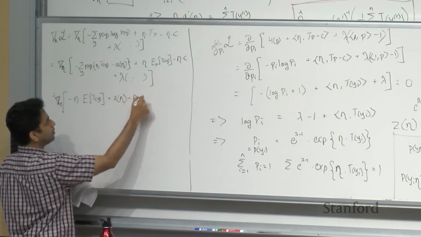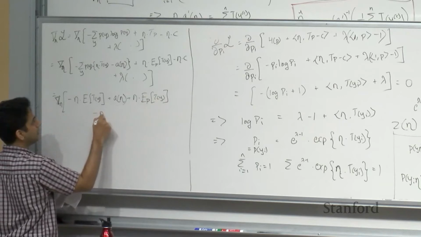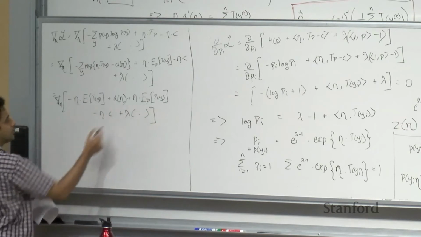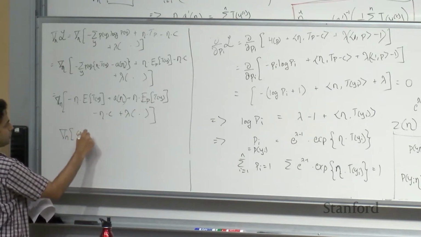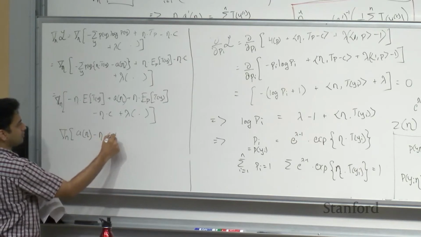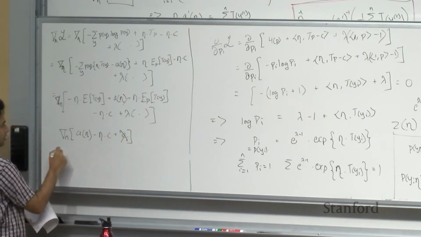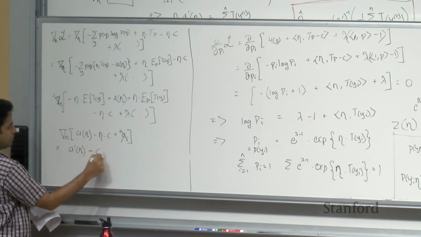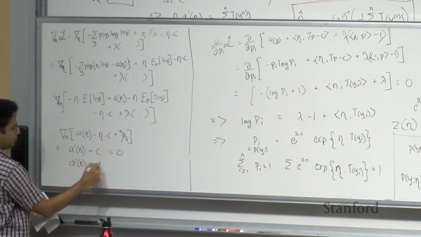This is plus eta times the expectation under P of T of y, minus eta dot C, plus lambda times something. Right? So this and this cancel, so we get the derivative with respect to eta of A of eta minus eta dot C, plus some lambda times something, and this is equal to A prime of eta minus C, and this should be equal to 0.